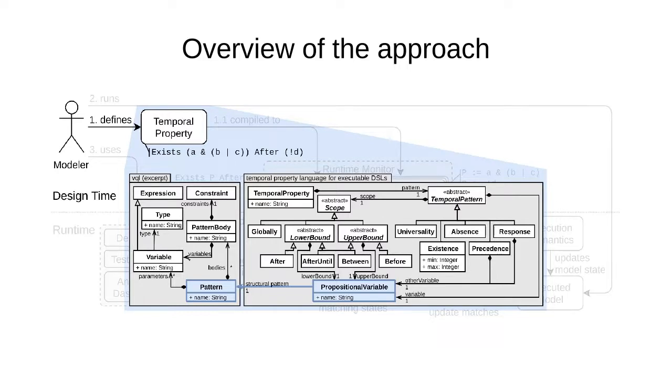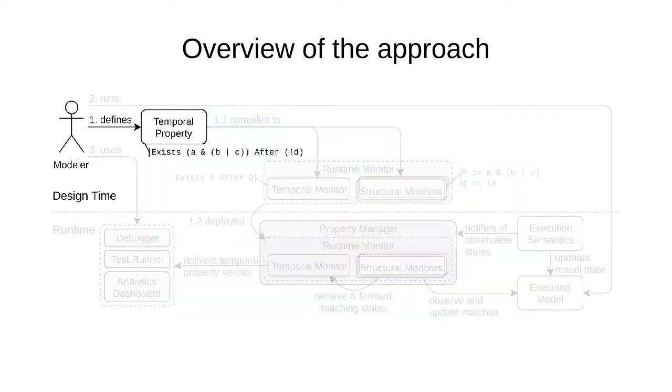This allows domain experts to manipulate domain concepts while keeping the property language domain agnostic, thereby facilitating reusability across DSLs. The resulting language is geared toward domain experts as it can be used with a wide range of DSLs and provides intuitive temporal abstractions.